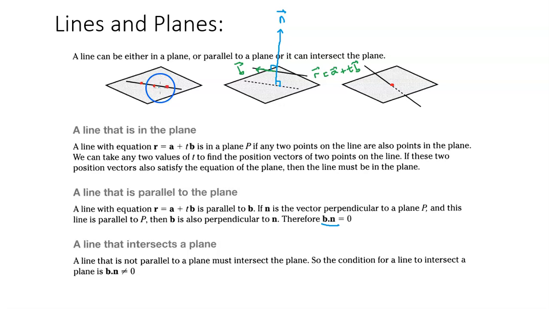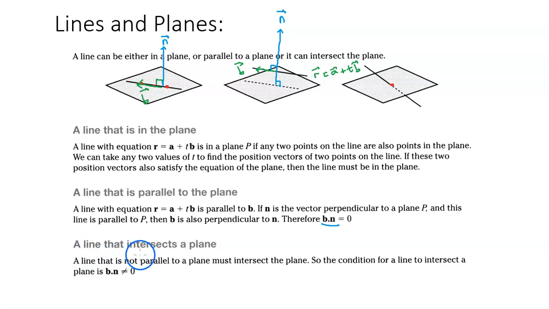And that's the same for the case when the line is contained within the plane, obviously, because then the direction vector of the line is contained within the plane. And the definition of the normal vector is that it is orthogonal to every single vector contained in the plane, or parallel to the plane.